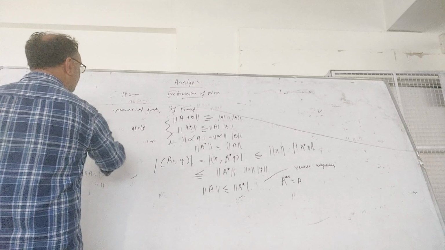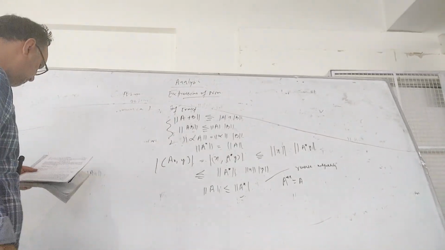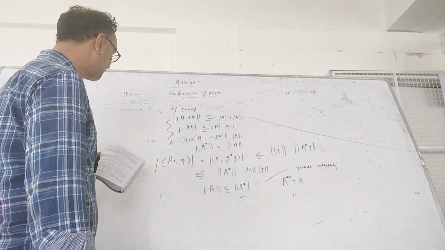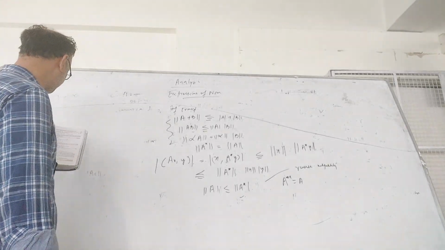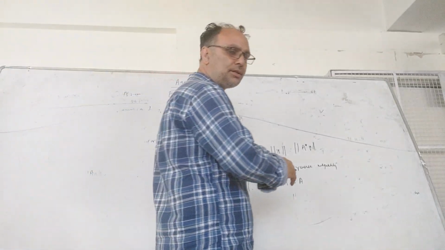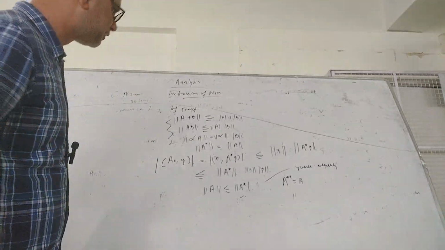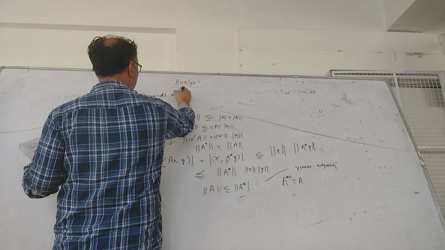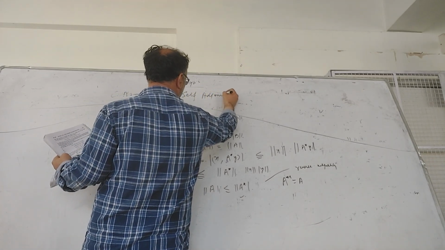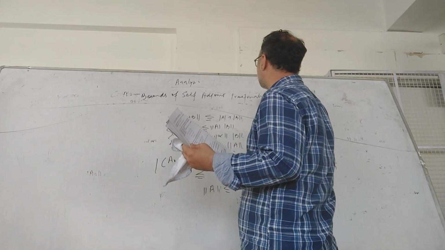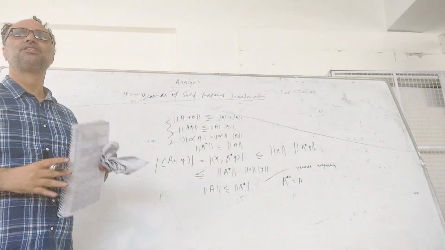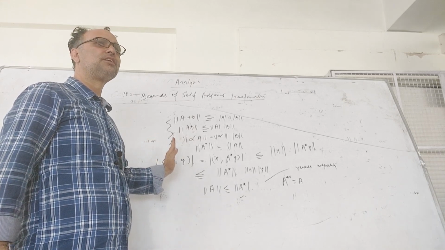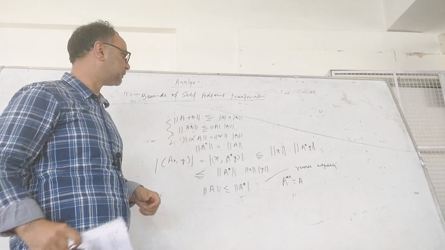Now the other thing is how we can define the bounds of self-adjoint transformations, which are linear transformations in that sense, or those transformations which are defined as sequences which may be convergent vis-a-vis the bound of those inner product spaces.